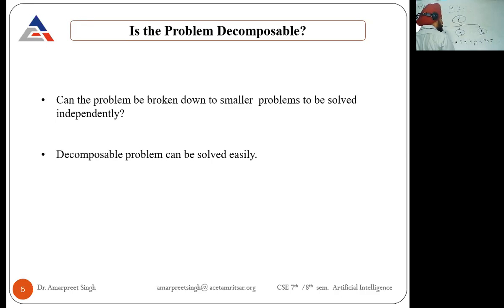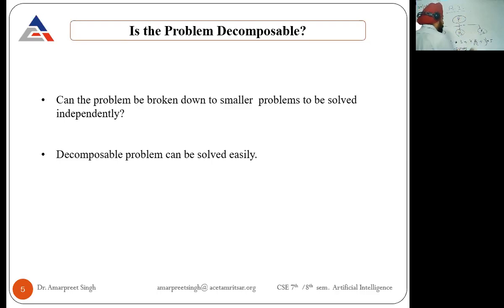Suppose this is there and now you have a bracket here. This equation can be solved according to BODMAS. BODMAS is the technique which allows you to divide your main problem into smaller problems.